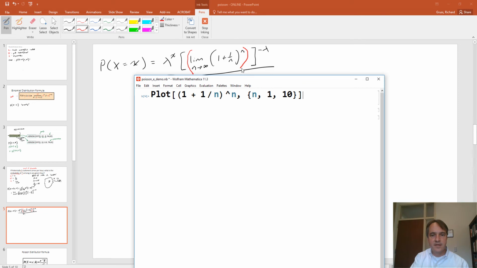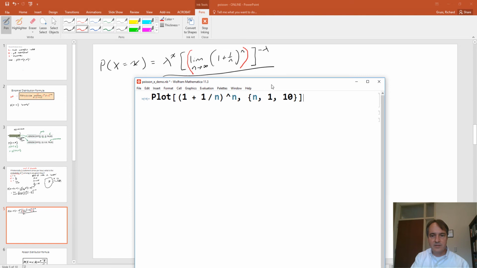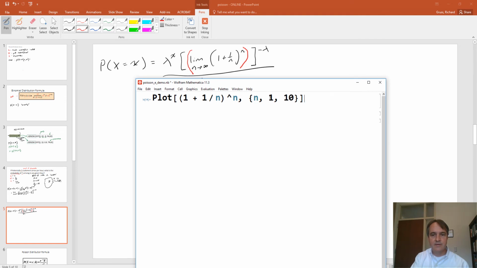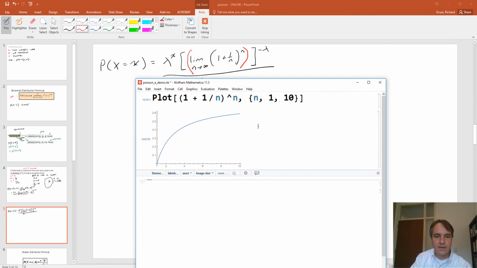I'm going to start plotting it and see what happens as I vary n. What this is saying is, plot n from 1 up to 10. And I see that, as predicted, the function is growing, but at a decreasing rate. So the first derivative is positive, the second derivative is negative.